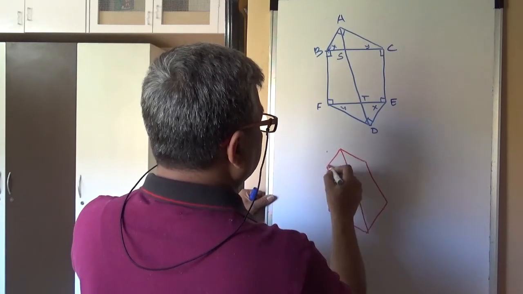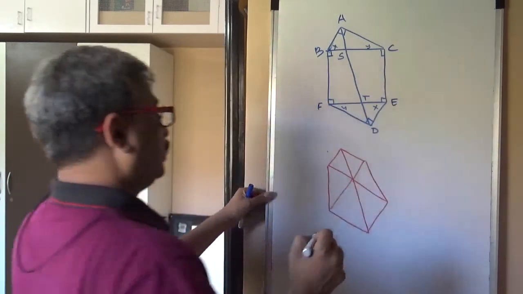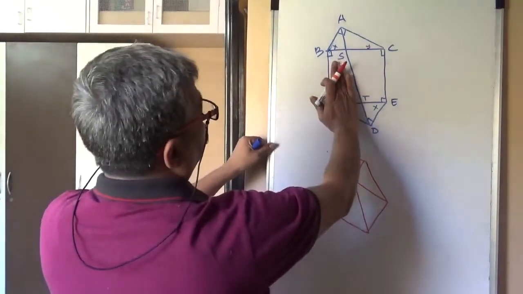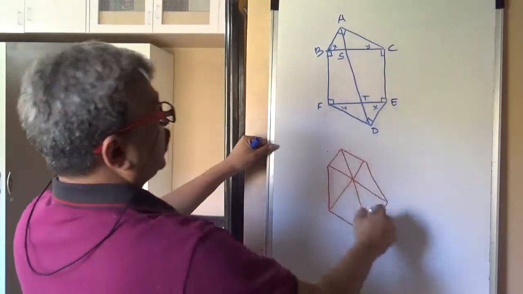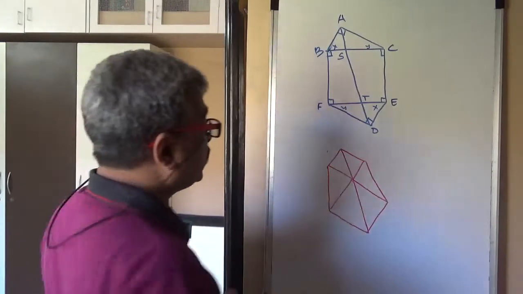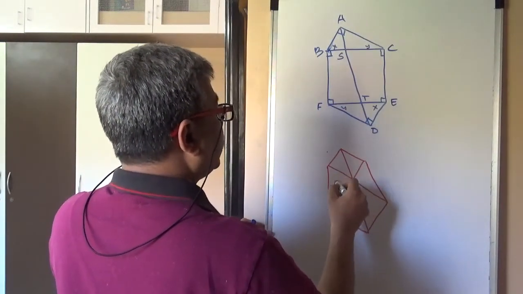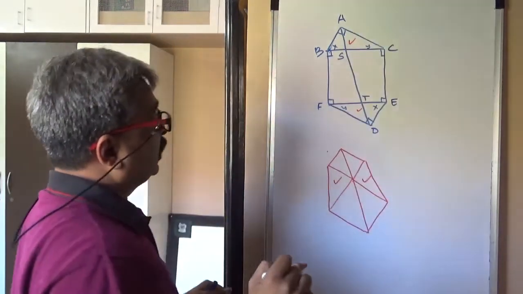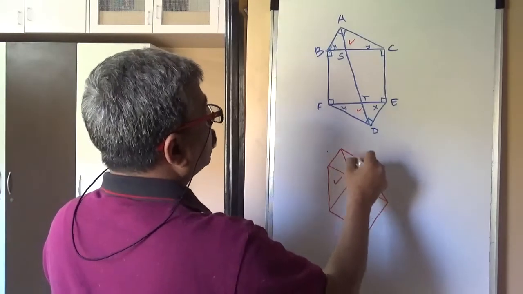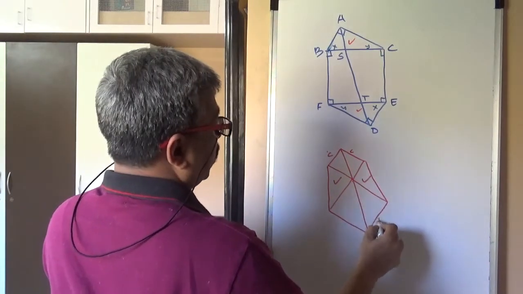Okay, and then if you make some geometry in that, so if I take this part as it is and take this part upside down over here, the figure will look like this. And then if I join a point on the diagonal like this, then this triangle and this triangle will be congruent with these two triangles, and you will end up getting two squares, one with side C and another with side B.